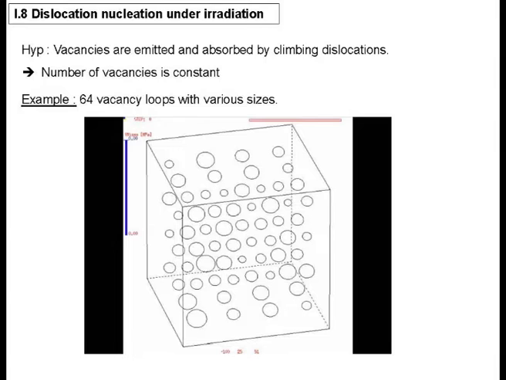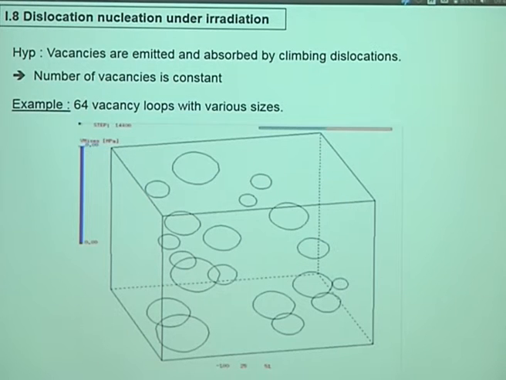You see that the small loops are disappearing, and the bigger loops are increasing. Then at some stage, some loops may increase and then collapse. You may have both stages for a given loop. Some of them are increasing and then decreasing, because there is always another loop bigger than you. So there will always be somebody bigger than you.